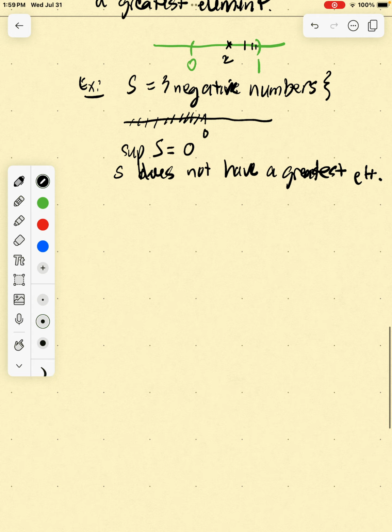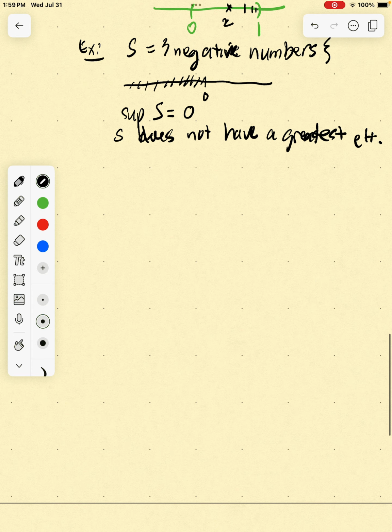Alright, now we're ready to state the last axiom for the real number system. Assuming that you've learned about the different axioms of the real numbers, the most important one is the least upper bound property.